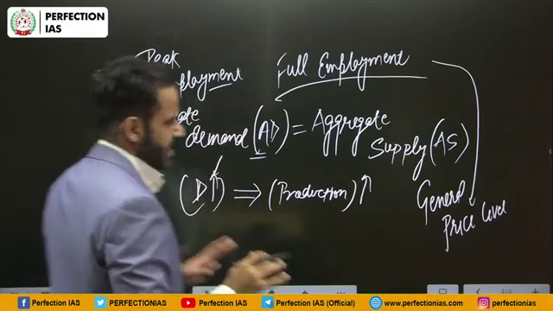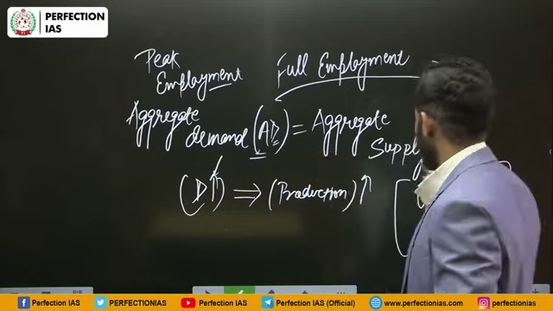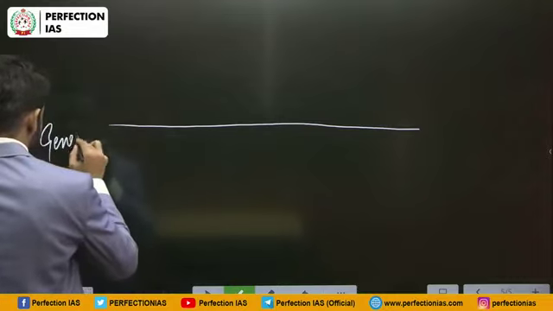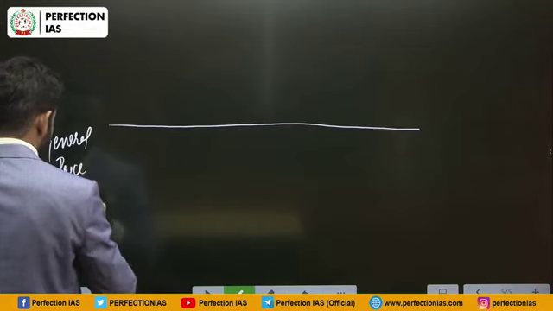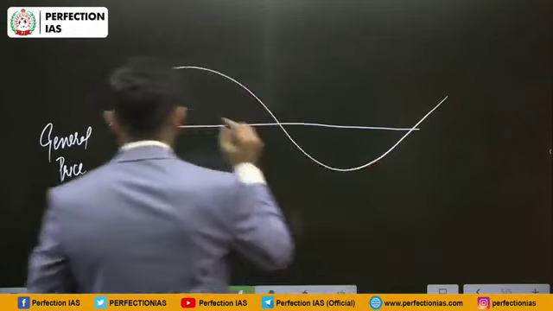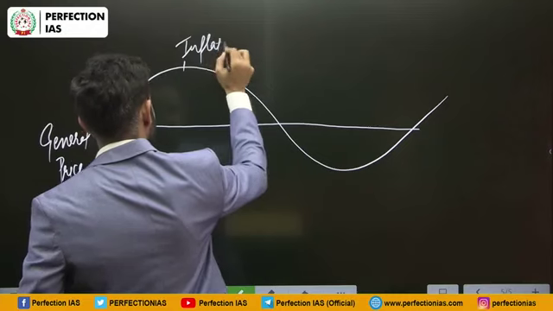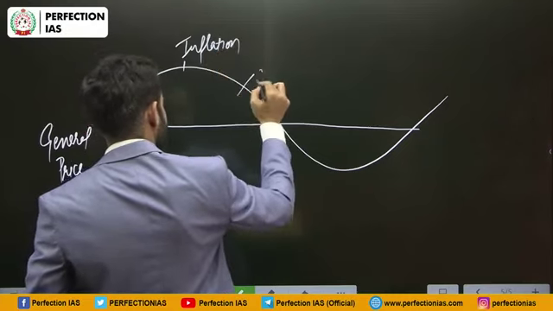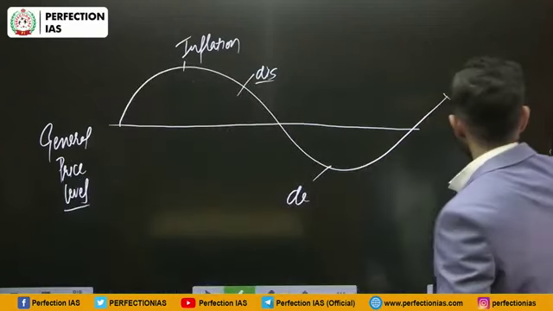Then why it will be a situation of general price level? Because both demand and supply are equal. So in general price level this will be like this one. So this is a situation of inflation, this is disinflation, this is deflation, this is reflation.